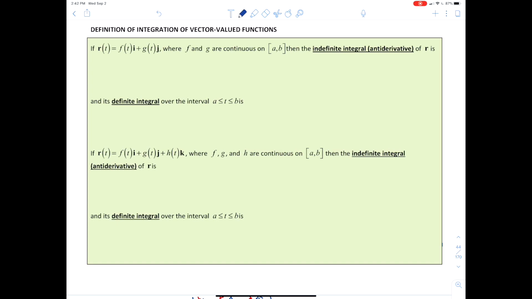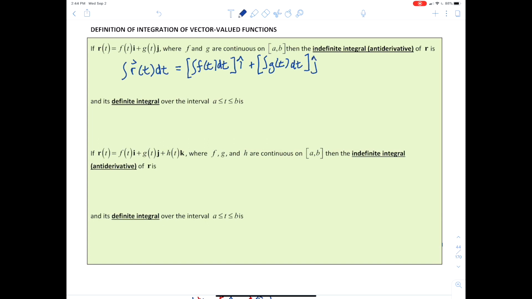So if r of t is equal to f of t times i plus g of t times j, where f and g are continuous on the closed interval from a to b, then the indefinite integral, the antiderivative of r, is the integral of r of t dt, which is equal to the integral of f of t dt times i plus the integral of g of t dt times j.